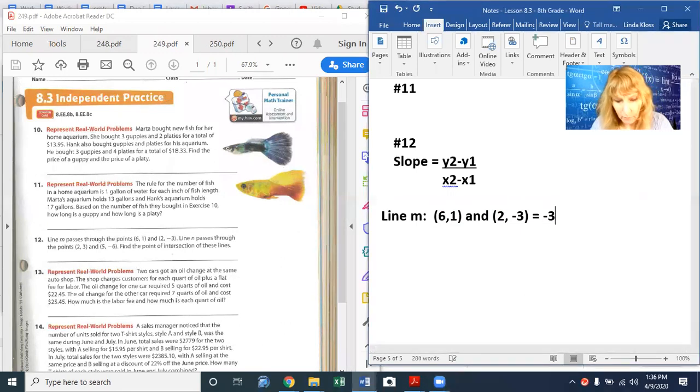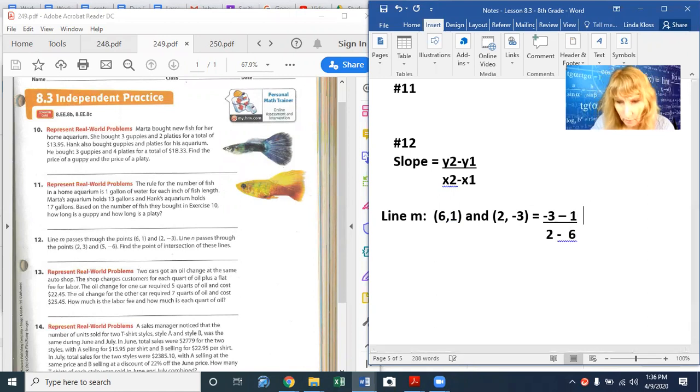We have -3 minus 1, and then on the bottom we have 2 minus 6. Be careful that you match the -3 on the top with the 2 on the bottom, because that's its partner, and the positive 1 has to be matched with its partner of 6.